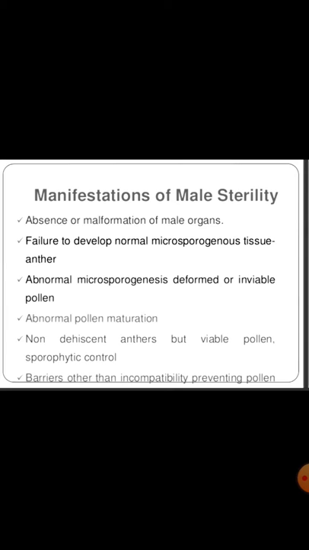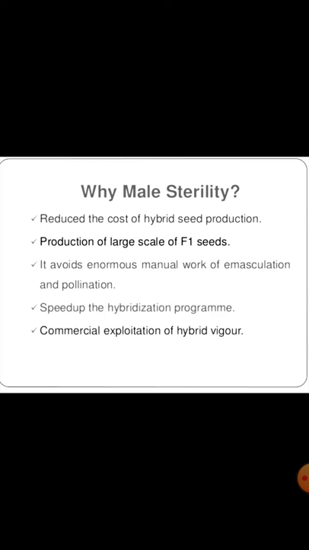Microsporogenesis is the process of the formation of microspores or microspore tetrad. This is also a reason for male sterility. Deformed and inviable pollens, abnormal anther maturations, non-dehiscent anthers but viable pollen, sporophytic control, barrier other than incompatibility preventing pollens. All these are the manifestations of male sterility.